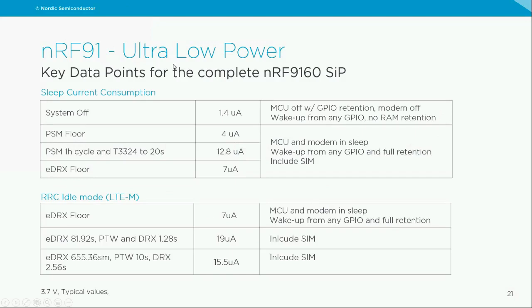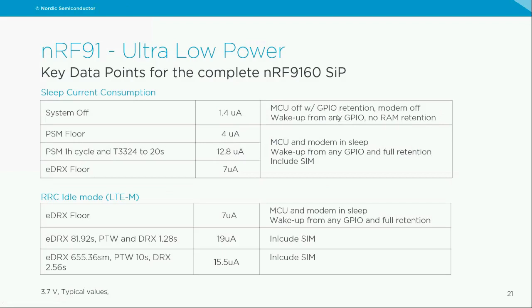So here are some key numbers for what is possible to achieve with the 9160 SiP. When we go to system off mode, we are at around 1.4 microamp. Here, the MCU is off and the modem is off. But an important thing to notice is that the GPIO is still retained and keeps its state.